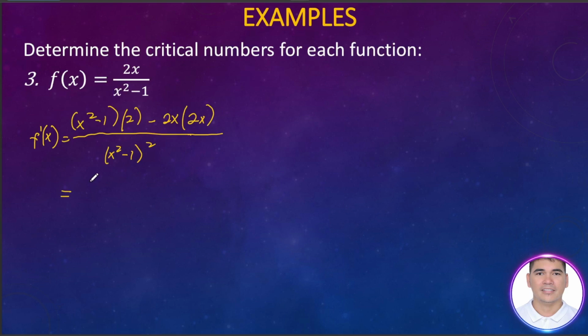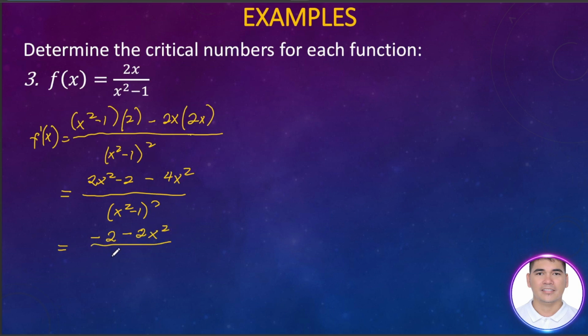Simplify. We got 2x squared minus 2 minus 4x squared all over the square of x squared minus 1. Right? So we have negative 2 minus 2x squared over the square of x squared minus 1.